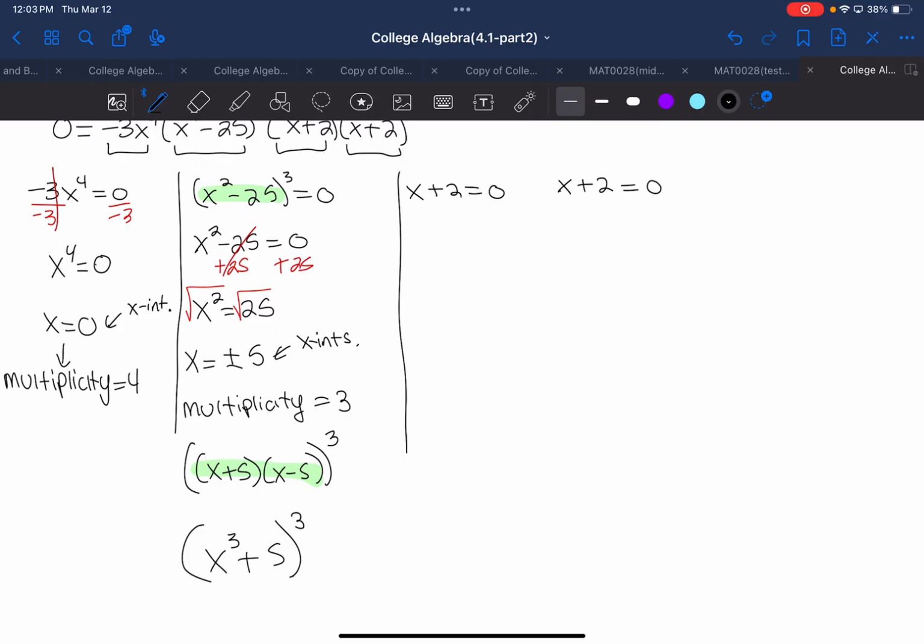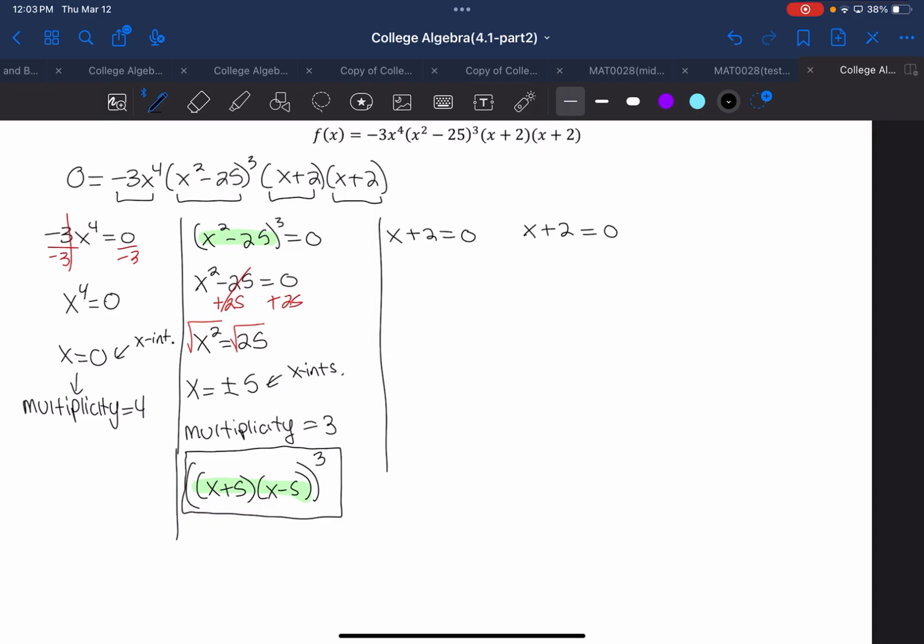But they're not going to give you something like this. Okay, hopefully that helps. So this is just a side note here of why the multiplicity was 3 for both of those zeros.